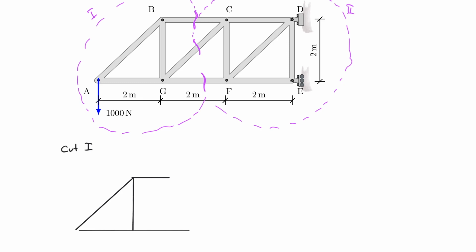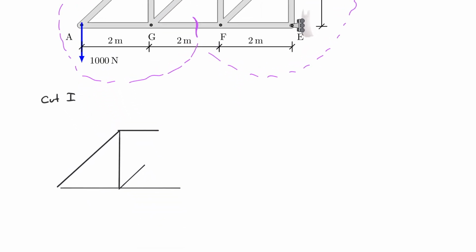So I have this system here, and I also have this force. And let us bring down our forces. 1000 Newton. That's 1 kilonewton actually. And again, remember that we cut the system.